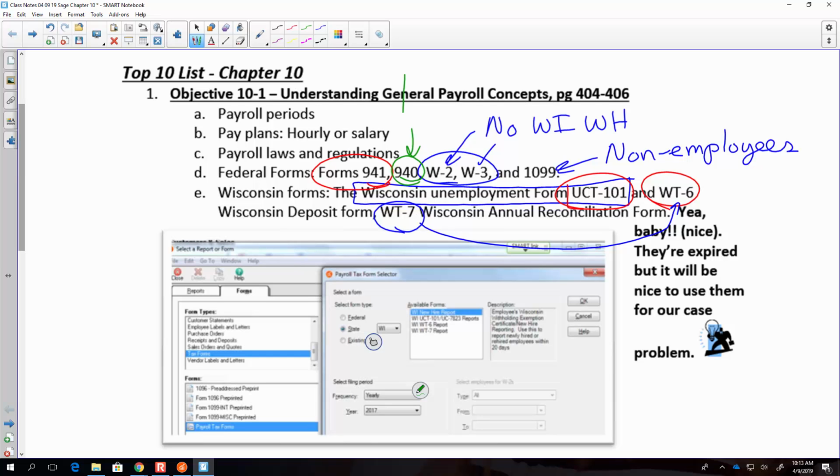Federal unemployment. What's the wage cap for federal unemployment purposes? It's not 14, it's what? Anybody remember from school? It's 7,000.